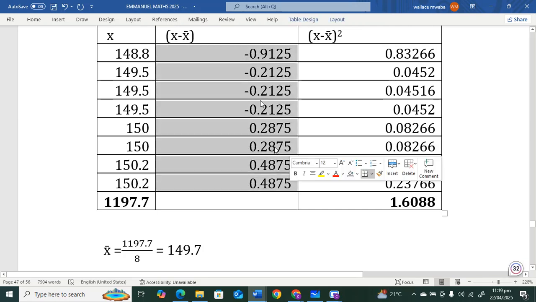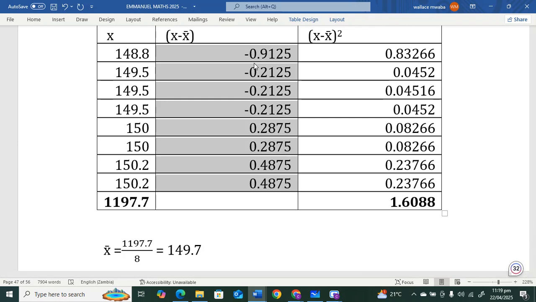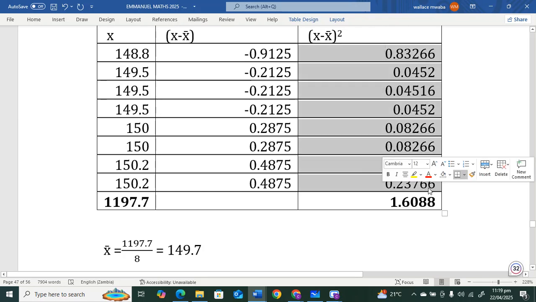You square each of these values. After you've subtracted each individual value by the mean, then you square the value. So these values which I've highlighted here, you square each of them. Once you square them, you total them up.